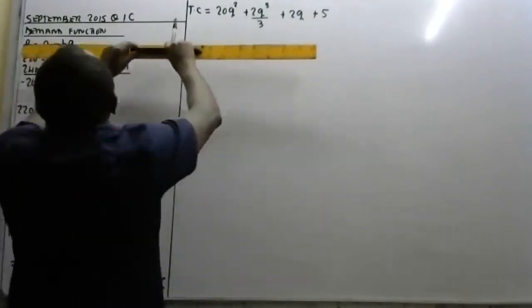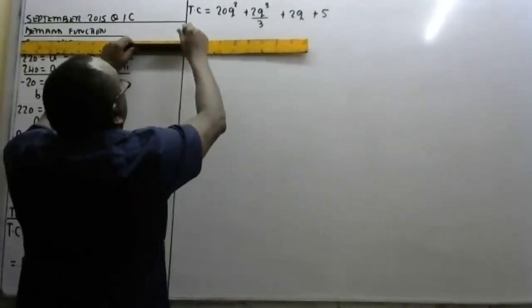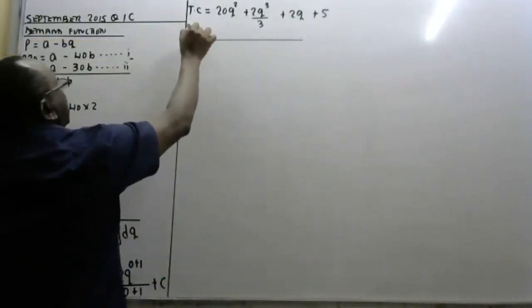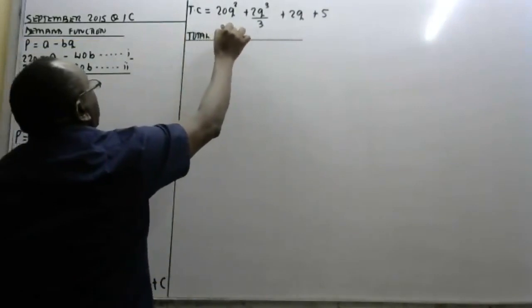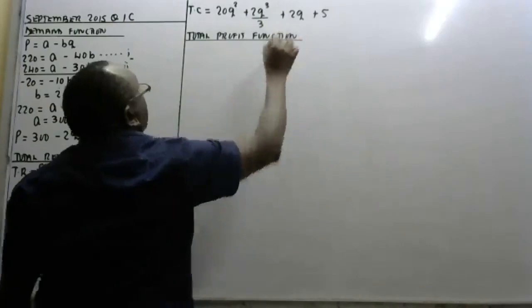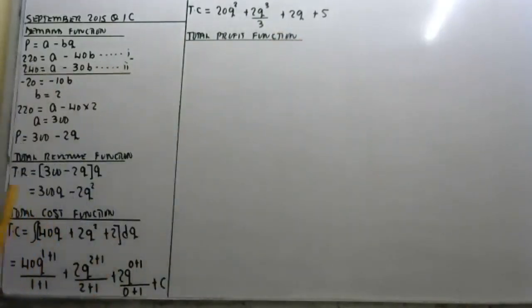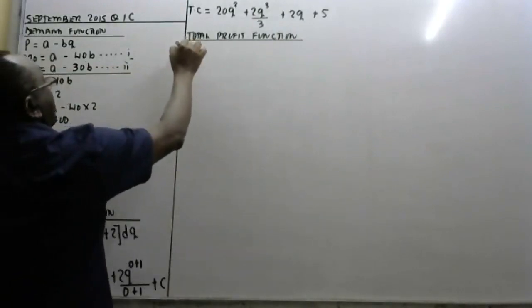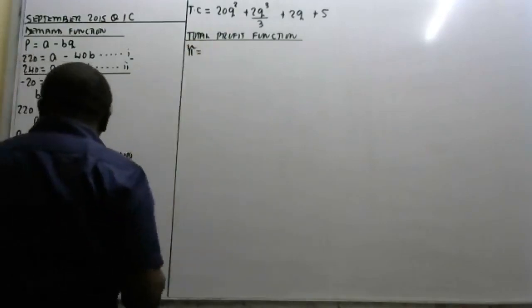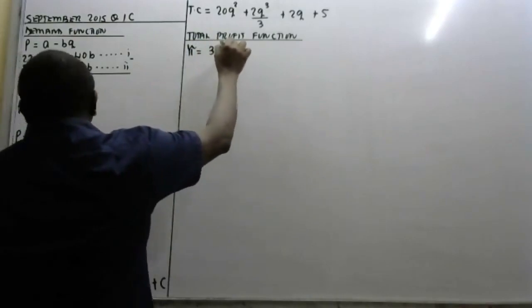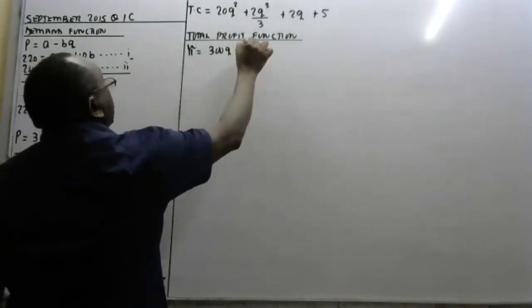So from there now we can proceed and seek to get the total profits. Total profit function. So the total profit is the revenue, which is 300Q minus 2Q squared.